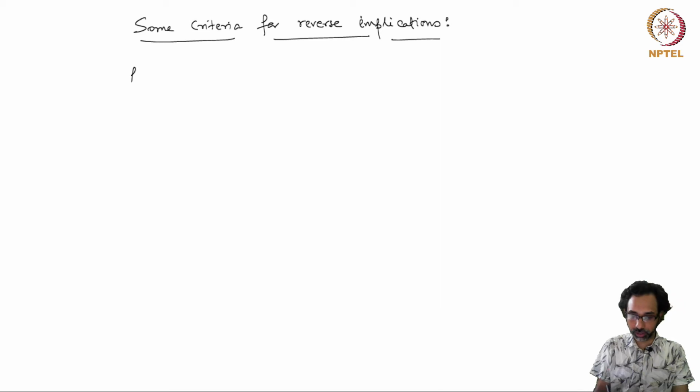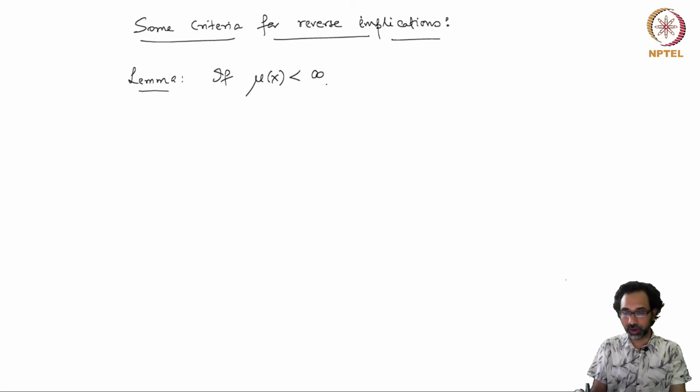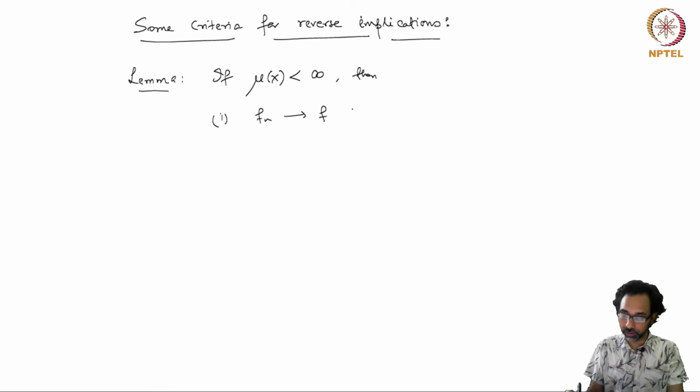So, the first lemma is that if the whole space has finite measure, then the first part is that Fn converges to F pointwise almost everywhere is equivalent to Fn converging to F almost uniformly.